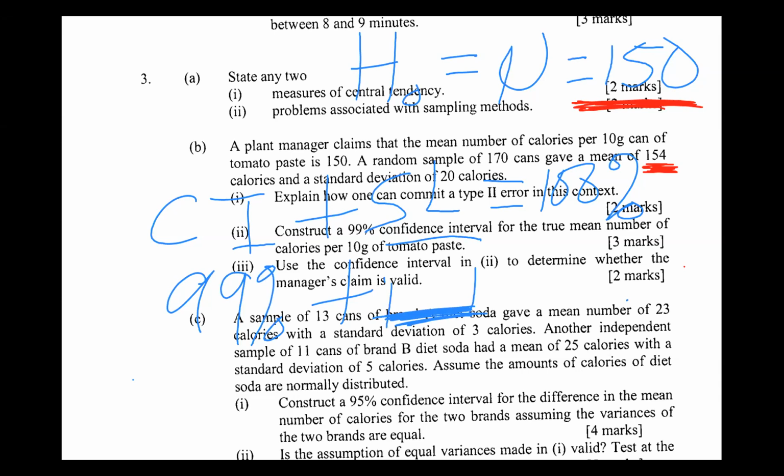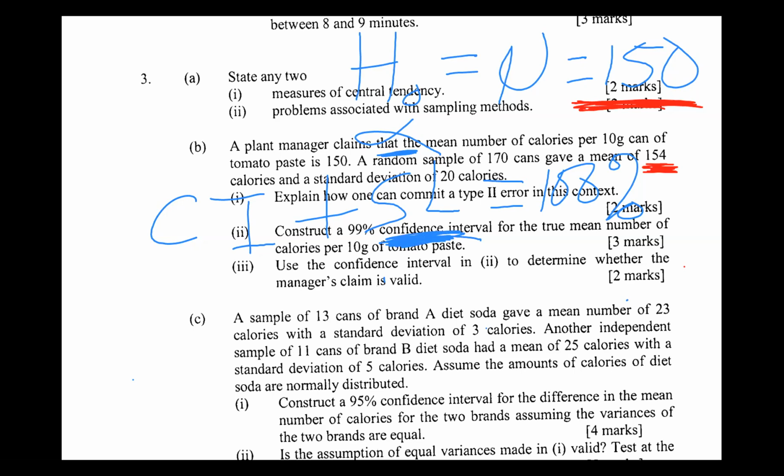Our alpha is the significance level, right? So to find the confidence interval, we say 100% minus this alpha, the level of significance.